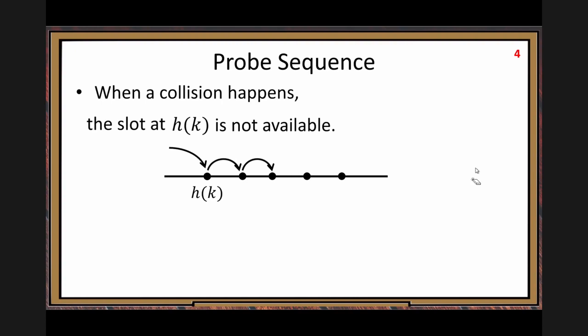That's the simplest way. The performance won't be good, but it's a solution. Sooner or later, you will get an empty one. Then you occupy it. That's simple.